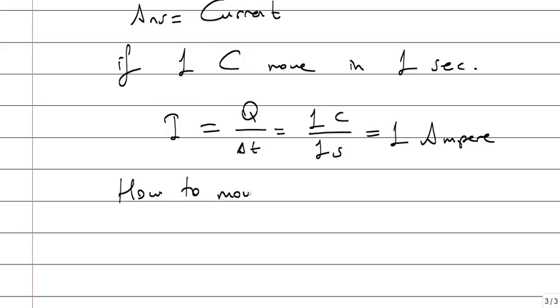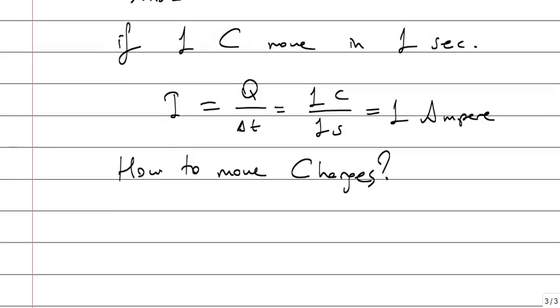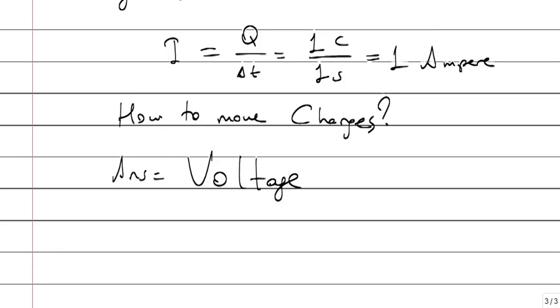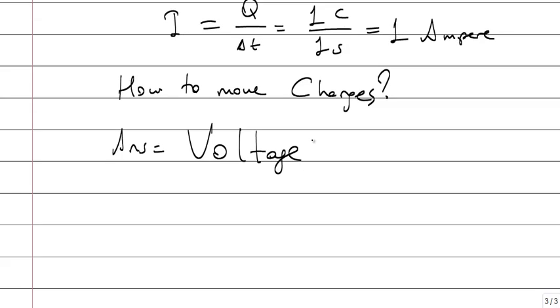How to move charge? If you move charge, it's current, but how to move? Will you push with your hands? No, you need voltage. Voltage is the potential difference between 2 points. It's because of charge density.